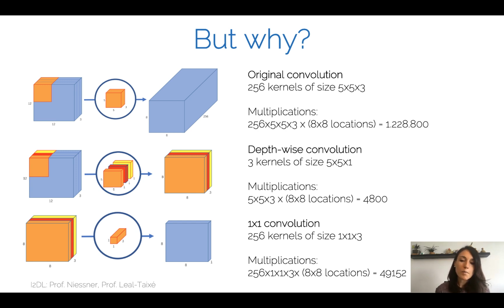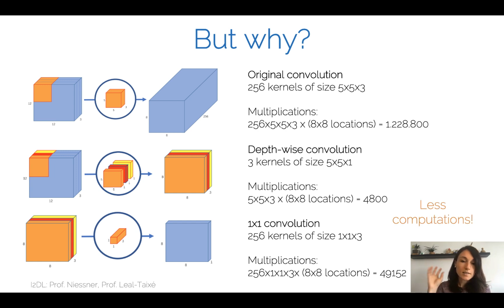So I need to sum up the number of multiplications that the 1x1 convolution does in order to reduce the size again to 8x8x1. And if I now multiply it by 256, which is the number of kernels that I want in order to have an output of 8x8x256, I end up at 49,000 multiplications.